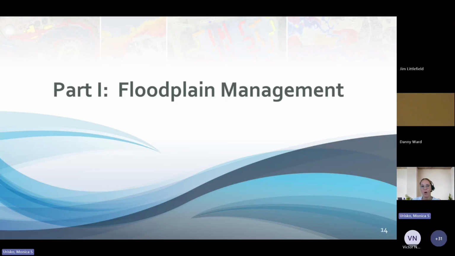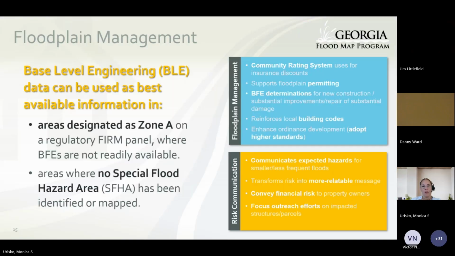All right, so now moving on to floodplain management. Before I start, just a little summary. You guys are used to having only your FIRM maps with what we refer to as effective data.